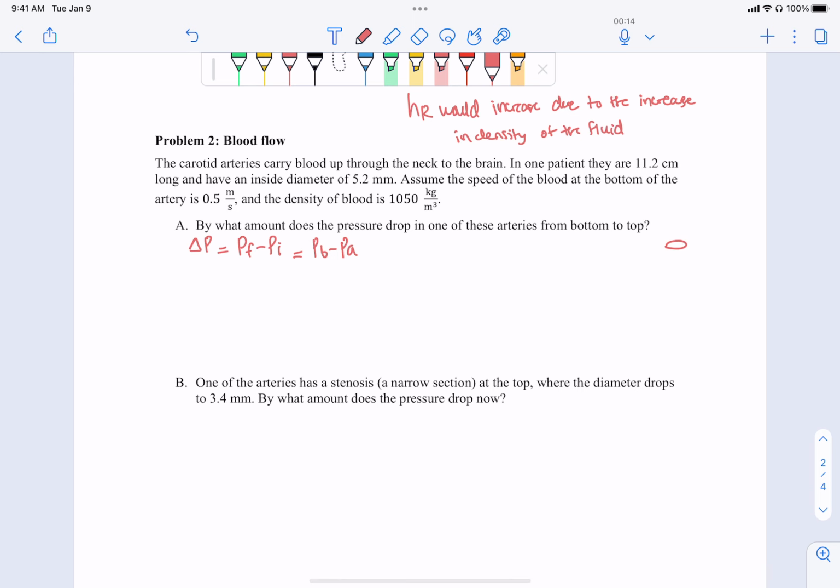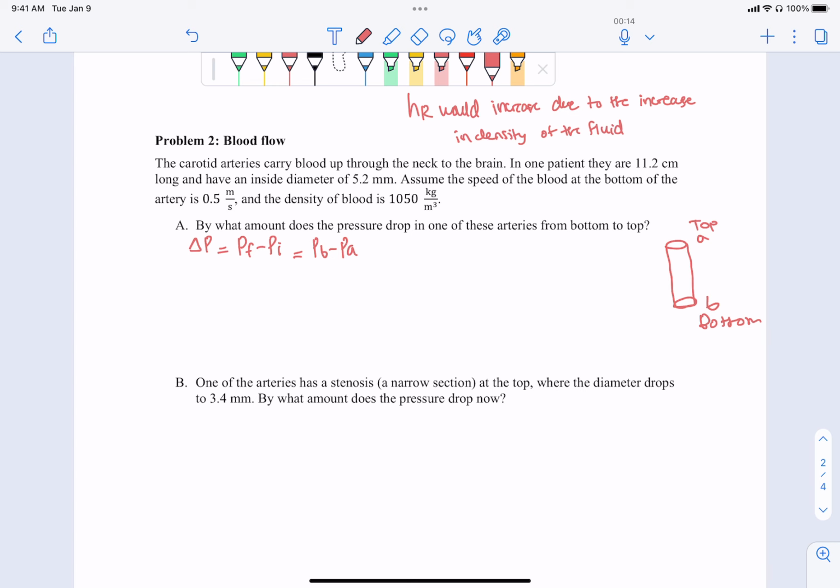So we were going from bottom to top. If we were to draw it out, if you had an artery, with the top, which I'll call A, and this is the bottom, B, we want to figure out how much the pressure changes from here to here. So we have the value of the density, and then what else do we have?